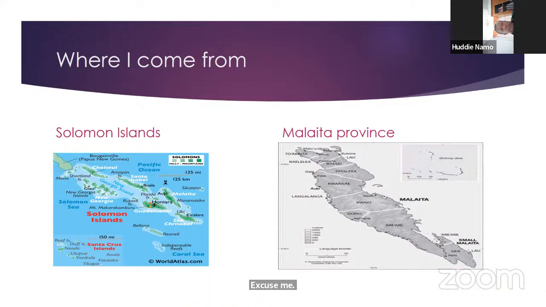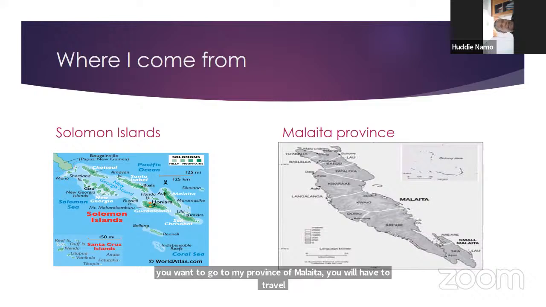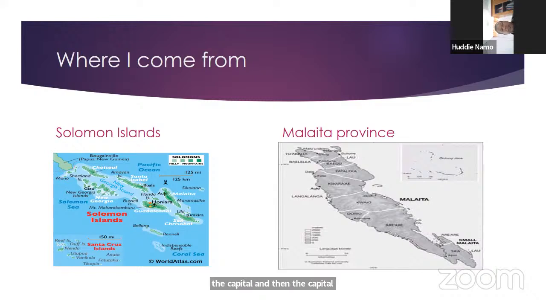If you want to go to my province of Malaita, you will have to travel by boat from Honiara, the capital, and then you will go to the province. As you can see on the picture on the right, you have small Malaita at the end, and there is a passage between small Malaita, the smaller portion of the island towards your right, and the bigger island, Big Malaita, on your left.